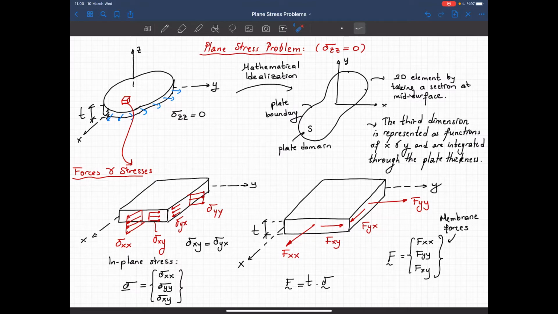So there is also a per unit length in the units of these internal forces. Let's put a note: these forces are defined for a unit length.